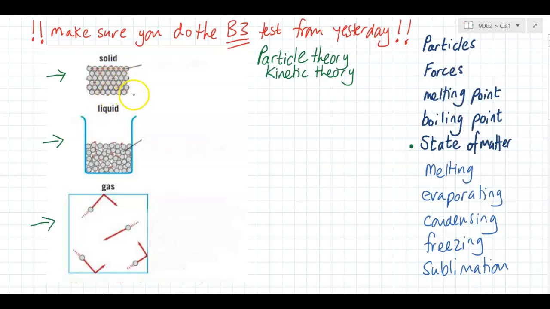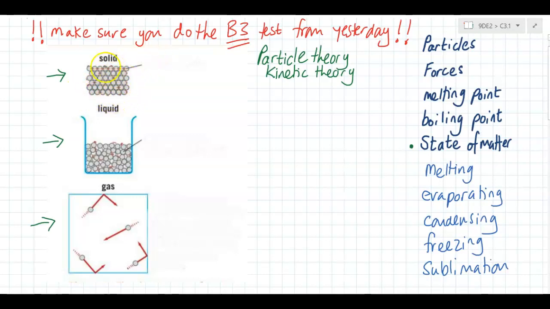All right, so we classify things as solid, liquid and gas, and we imagine we can see the particles, and we imagine that the particles are like marbles, like little solid spheres of stuff.